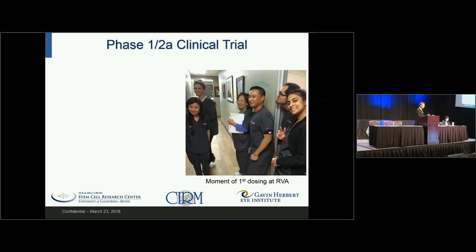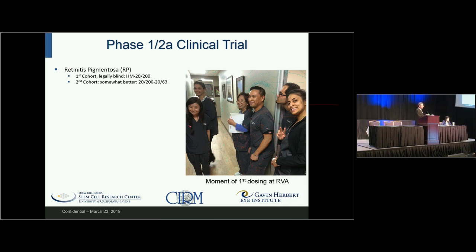Here's the initial dosing of patients seen from the hallway, so there's no HIPAA violation here. This is at RVA. So in terms of the patient population, there were two cohorts. The first cohort were the more severely affected, so those people were entered first for safety considerations. They started with vision that was hand motions, meaning the best they could do is see a waving hand.